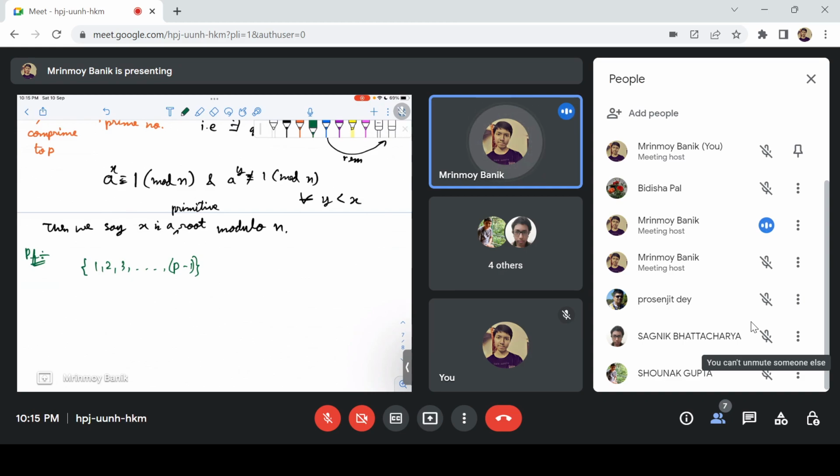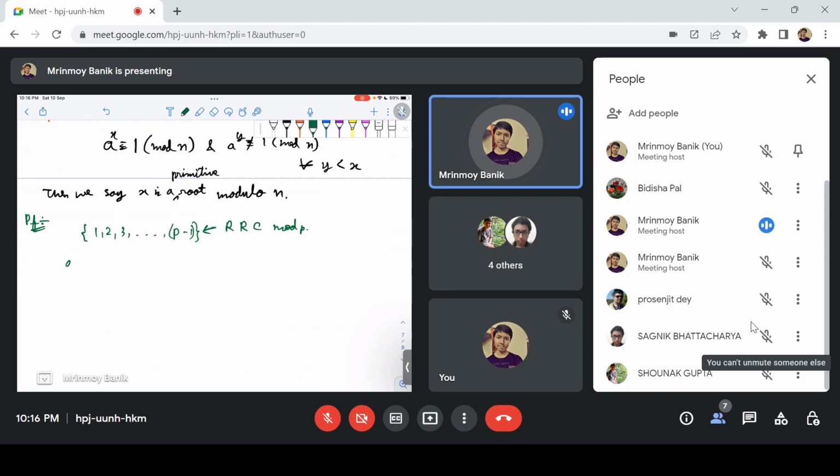This set, if you can identify, is the reduced residue class mod p. So it's the set of all remainders except 0, since anything that p divides can only be congruent to 0 mod p. So we don't want to include those things which have a common factor with p.